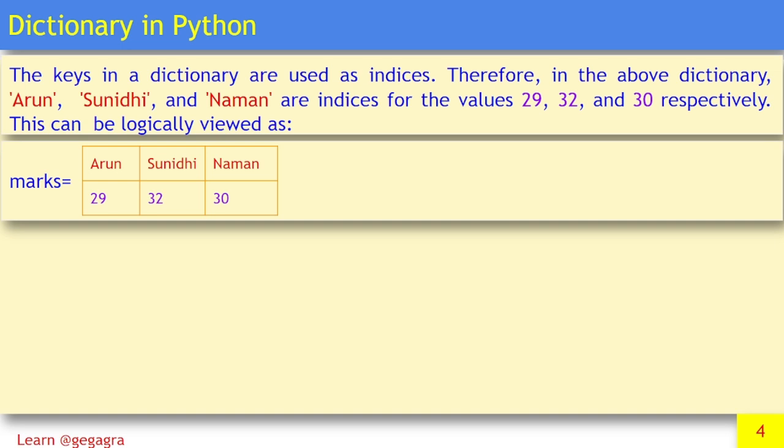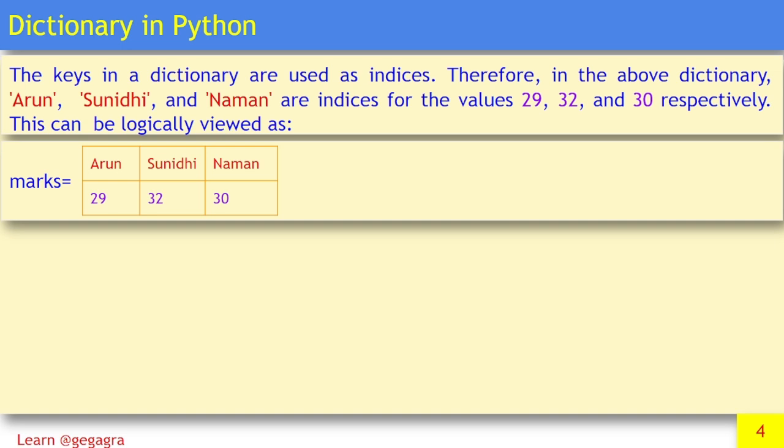And moreover, when we talk about the list, over there in list, the indices are allotted by the Python itself. So 0 is 29, 1 is 32, 2 is 30. So these indices are generated by the Python itself, but in the dictionary these automatic indices are not there. You'll have to create the keys of your own.